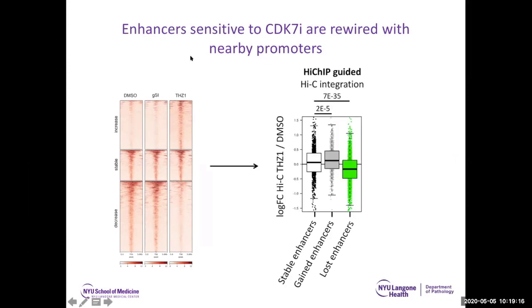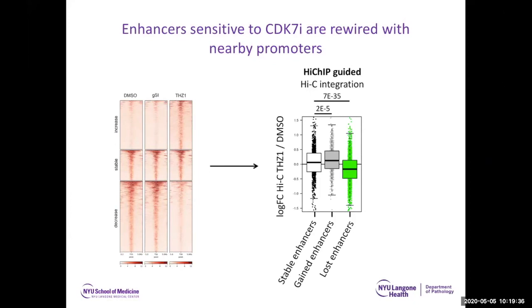Enhancers that are affected and lose K27 acetylation and their activity in response to CDK7 inhibition lose looping strength in these particular areas.